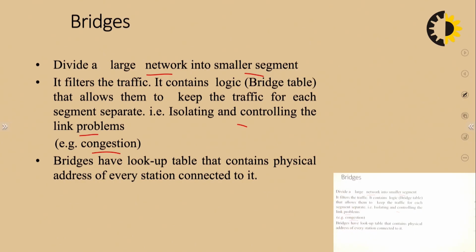Bridges have a lookup table that contains the physical address of every station connected to it. That means it can identify which particular device is connected in the network, using this information along with the physical addresses assigned into the bridge.